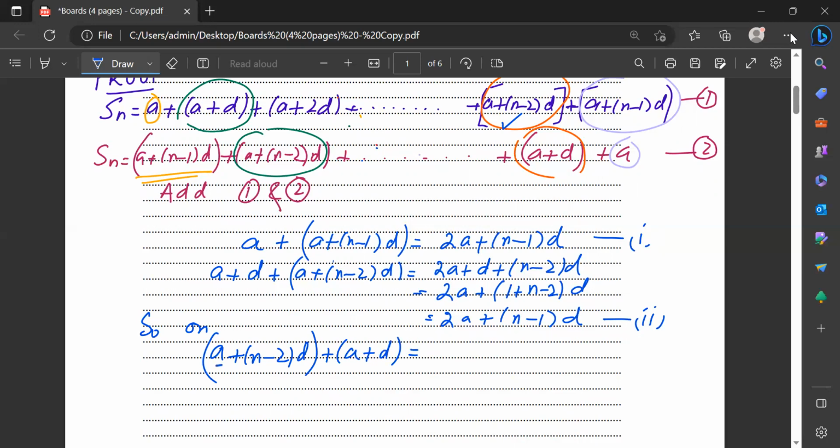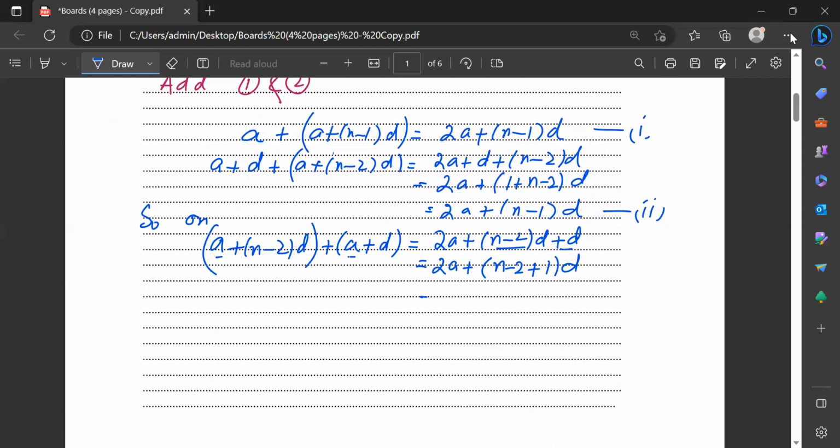So a plus a is 2a, and the rest is n minus 2 into d plus d. 2a will remain 2a, and if we take d common from these two, inside is n minus 2 plus 1. And see, we're getting the same thing, 2a plus n minus 1 into d.